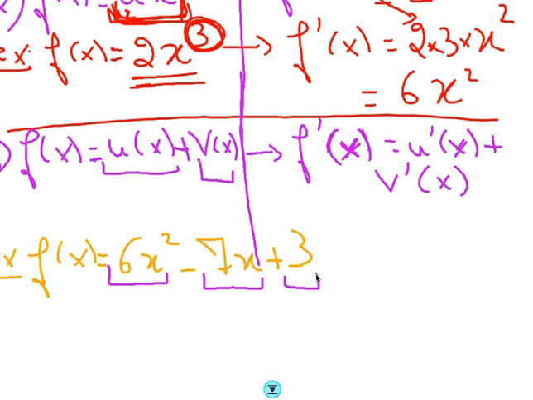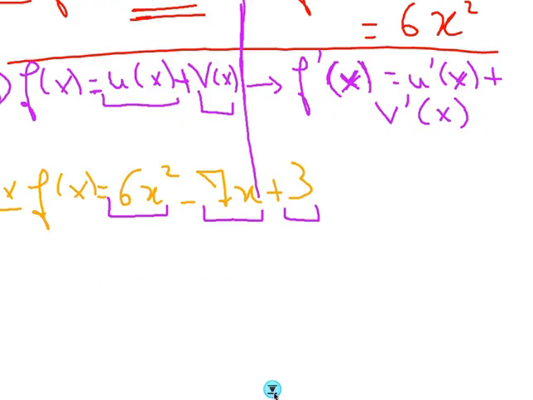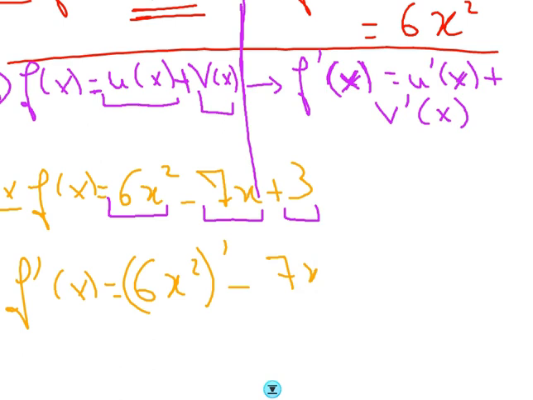So it's an addition of functions in terms of x, and I want to find its derivative. So f prime of x is equal to the derivative of the first one minus the derivative of the second function plus the derivative of the third one.